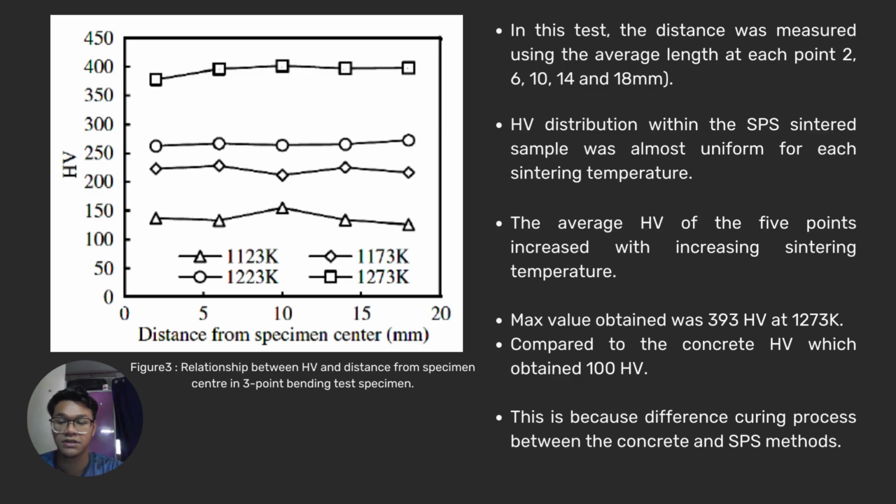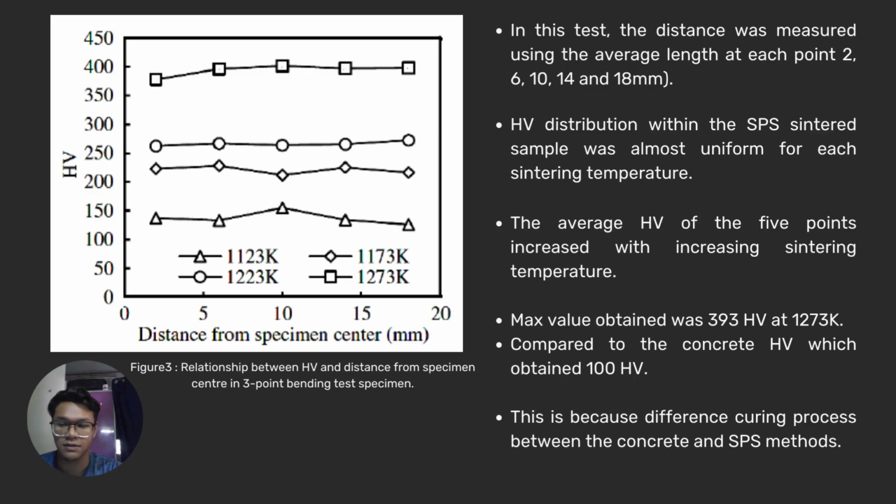At the lower temperature, which is 1123 Kelvin, the Vickers hardness is almost uniform for each distance, and at the higher temperature also the same. The Vickers hardness also shows a uniform pattern, and the average HV of the 5 points increases with increasing sintering temperature.